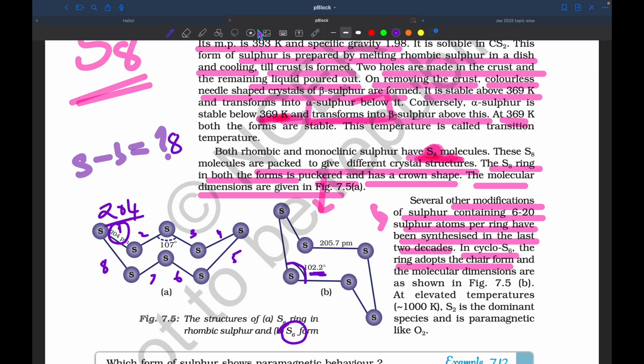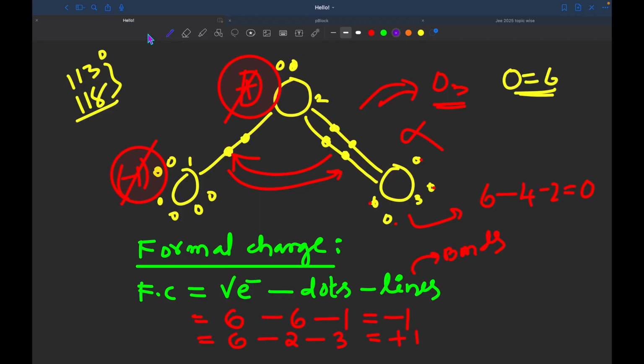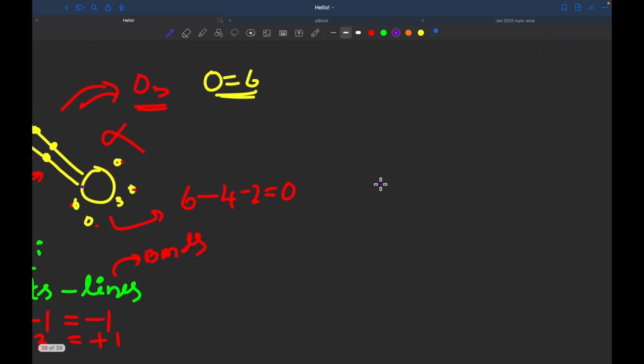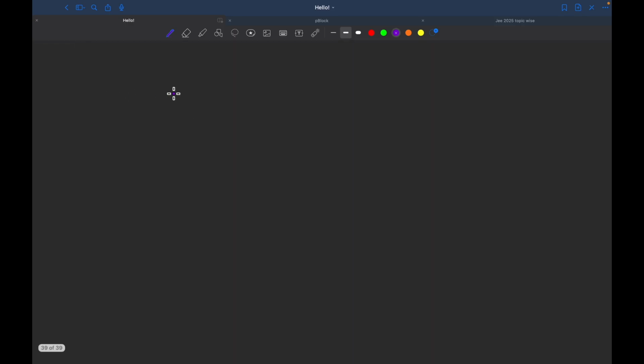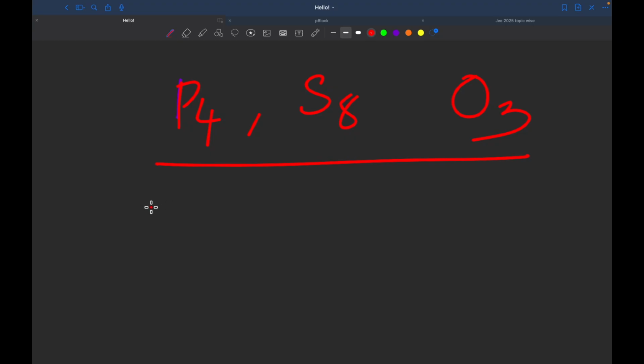ఓకే, ఇక్కడ ఒక క్వశ్చన్ చెప్తా చూడండి. రీసెంట్లీ ఎంసెట్లో అడిగినటువంటి క్వశ్చన్. ఒకటి P4 ఇచ్చాడు, రెండవది S8, మూడవది O3. ద బాండ్ యాంగిల్ ఇంక్రీజింగ్ యా డిక్రీజింగ్ ఆర్డర్ చెప్పాలమ్మా. ఇవి మూడు చూసాం మనం ఆల్రెడీ.